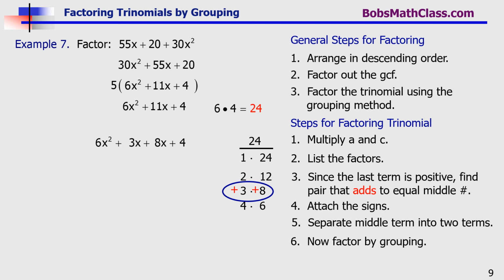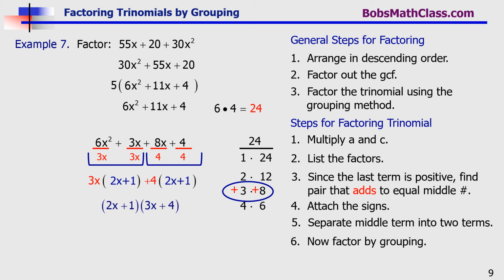Now we can factor by grouping. 3x for the first pair, and the GCF for the second pair is 4. Our two binomials match. So we're all done. Oh, but don't forget to bring down the 5.